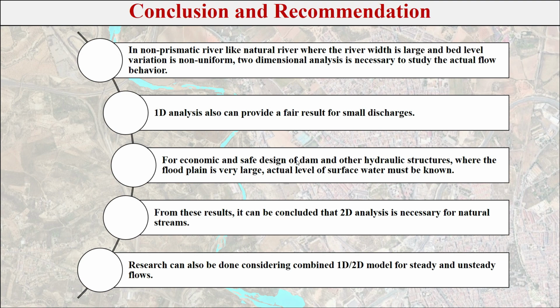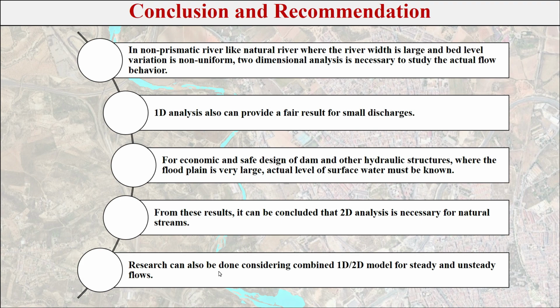For economic and safe design of dams and other hydraulic structures where the floodplain is very large, the actual level of surface water must be known, and from these results it can be concluded that two-dimensional analysis is necessary for natural streams. Also, research can be done considering a combined 1D and 2D model for steady and unsteady flow.